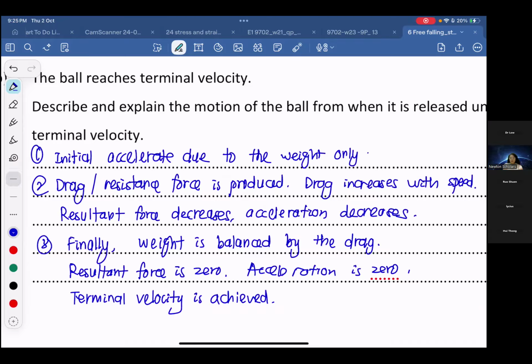Is it okay? We have 4 more minutes. Do you want to proceed to learn something new or stop here? Now it's 9:26. If you want to continue the 4 minutes, we continue with page 13. If you feel that today is enough, I learned 2 topics, it's enough for me. My brain is going to explode. If you want to stop here, let me know.